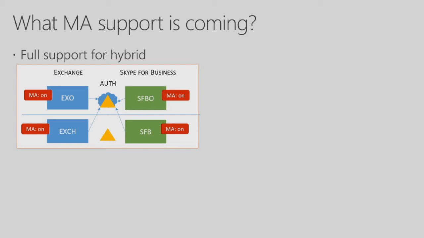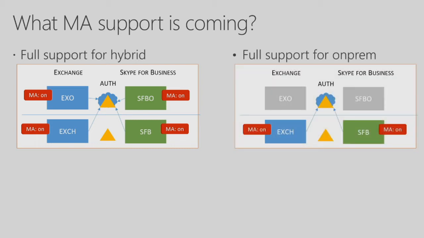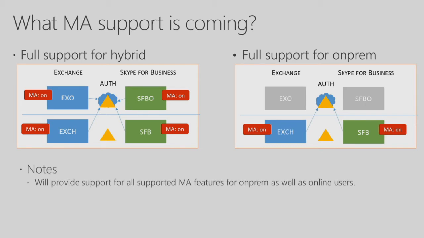All of your users, regardless of where they're homed, are able to use modern authentication features, okay? And we are also working on full support for on-prem, meaning if you only have on-prem servers, you can also use modern authentication. So what this will do is allow your on-prem users to also use those features, okay?